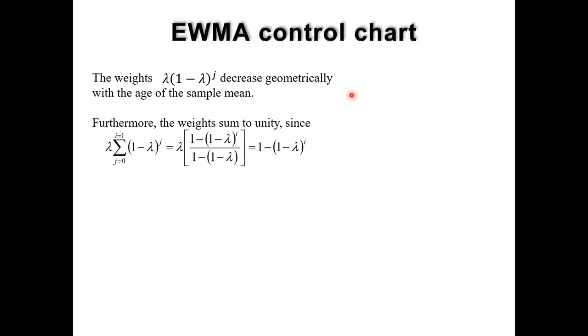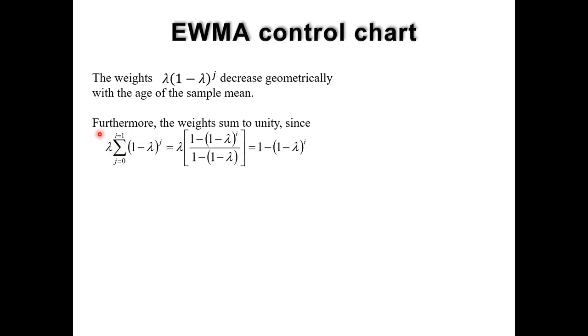Yeah. So the time is increasing. So when time is increasing, the weight of lambda times (1 minus lambda) to the power of j will decrease geometrically. Furthermore, the weight will sum to unity. Yeah? As time goes by, this whole value will be equal to 1.